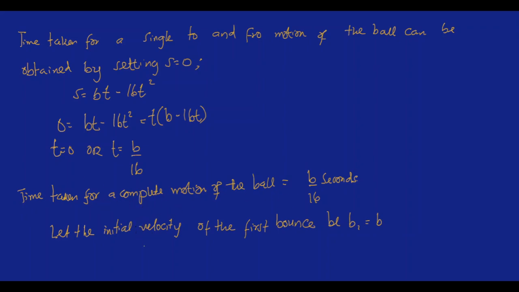So for the second bounce, let this be equal to b2. So it means for the second bounce, the vertical distance traveled is, remember that the maximum height is b squared divided by 64, where b is the initial velocity.